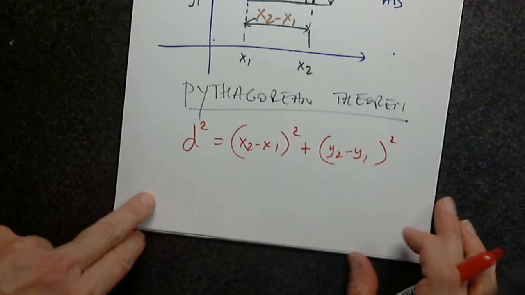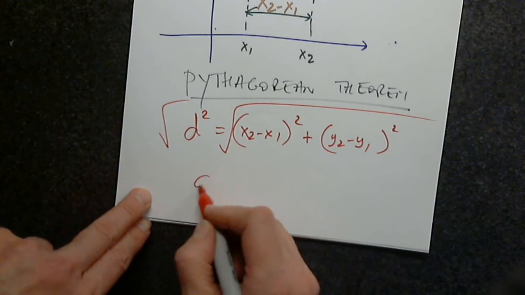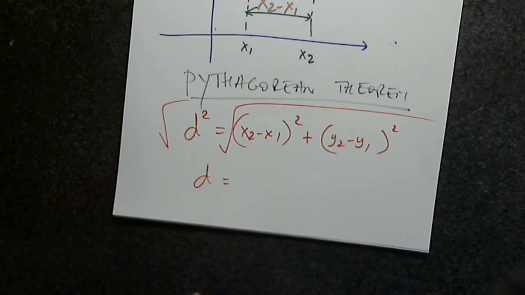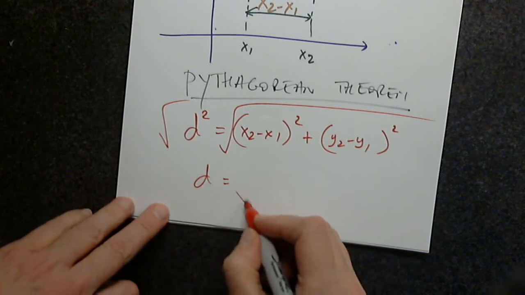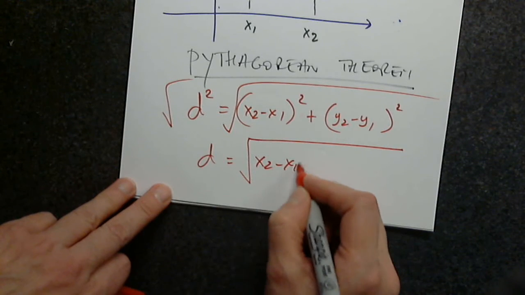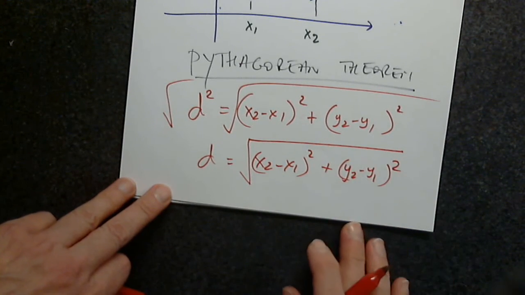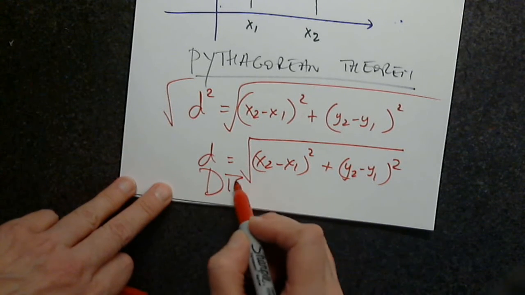This is the distance formula, but we like to take the square root of both sides. When we take the square root of both sides, I always said don't forget to put what on the other side. Right. In this case, it's a distance. I cannot put plus or minus. It can only be positive. And this is the distance formula.